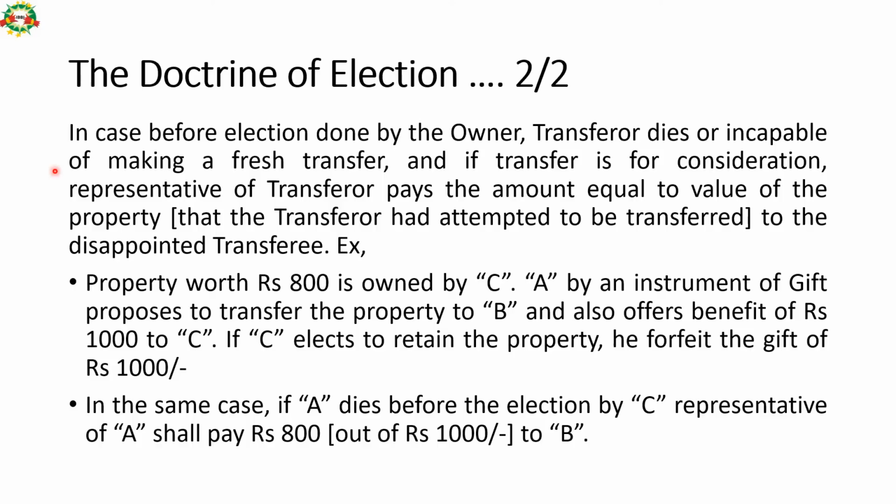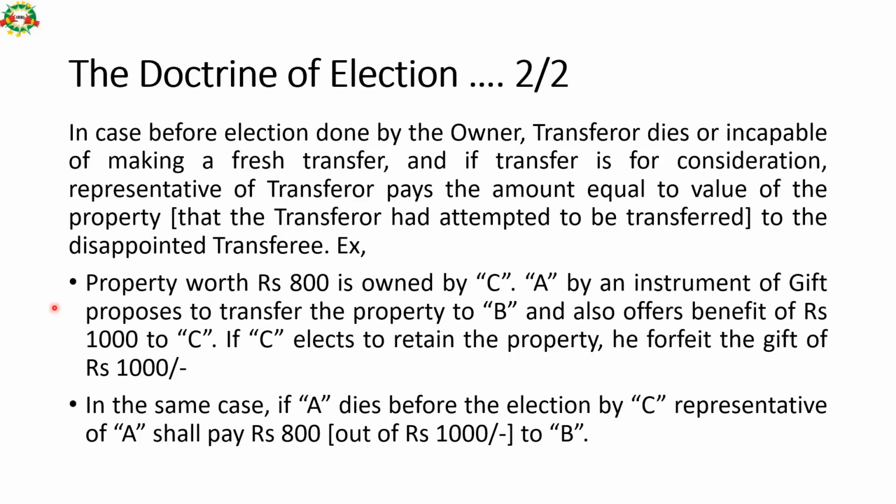In case before election is done by the owner, the transferor dies or becomes incapable of making a fresh transfer, and if the transfer is for consideration, the representative of the transferor pays an amount equal to the value of the property that the transferor had attempted to transfer to the disappointed transferee. This is a little bit complicated. Let us try to understand it fairly with the help of some examples.